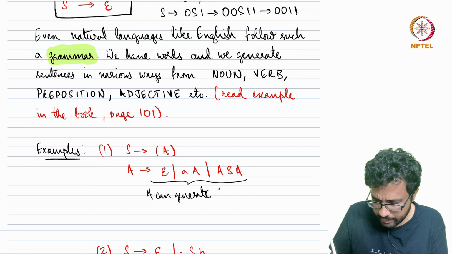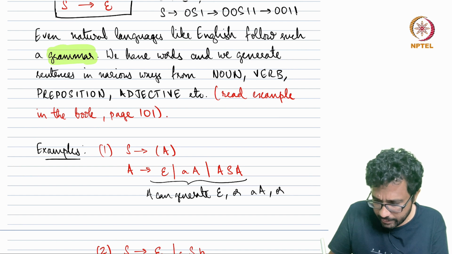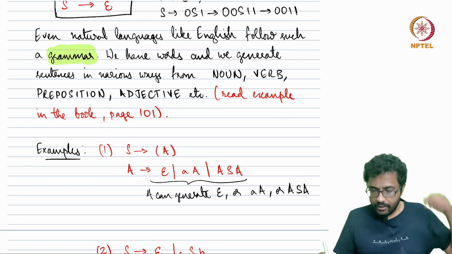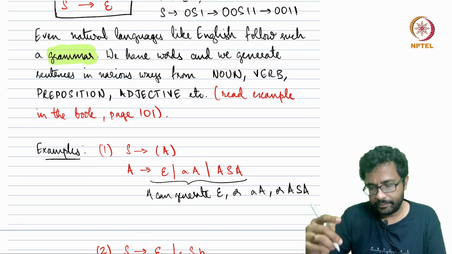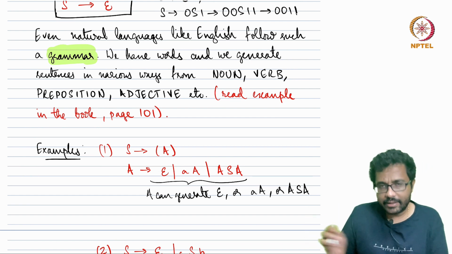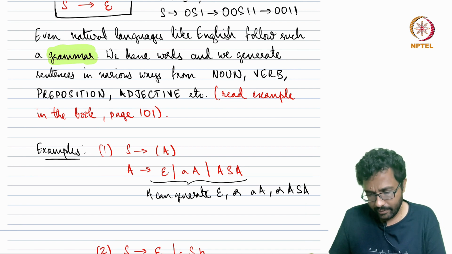One is that A can generate epsilon, or it can generate small a, or it can generate capital A S capital A, right. So this is three rules. These vertical lines denote 'or'. All it's saying is that there are three rules, we are just writing them together. A can generate this or that, right.